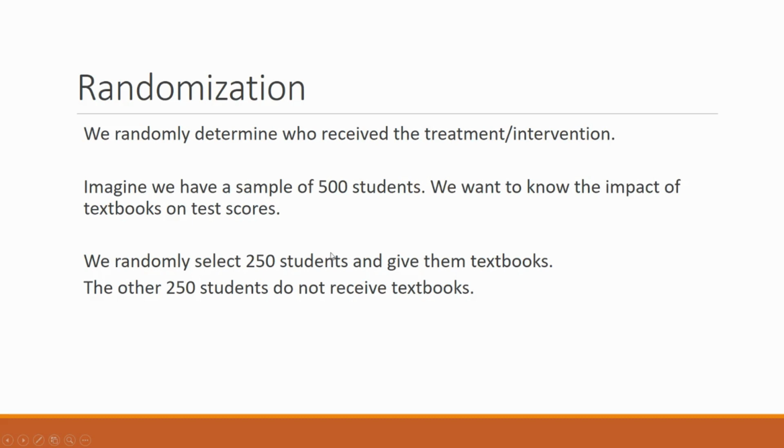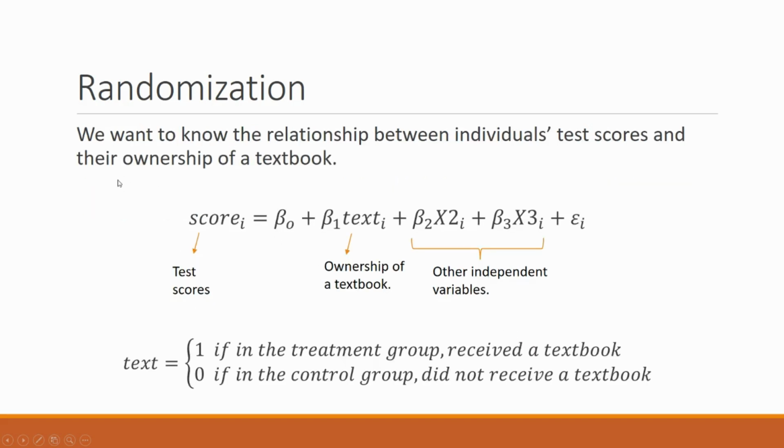Okay, so if we randomize, we randomly determine who receives the treatment, the intervention, and who does not. All right, so let's imagine that we have a sample of 500 students. We want to know the impact of textbooks on test scores. So we randomly select 250 students and give them textbooks. The other 250 students do not receive textbooks. So in this case, we have this textbook variable. It equals 1 if they receive a textbook, and it equals 0 if they don't.